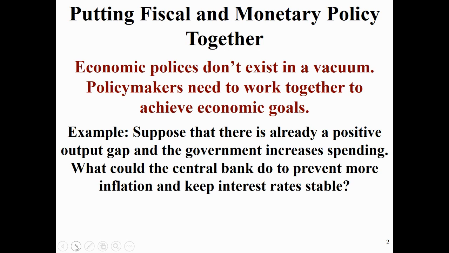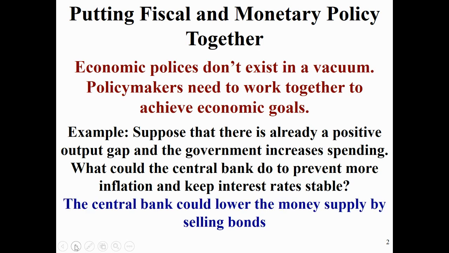Well, what would the central bank do to prevent more inflation or to keep interest rates stable? So, if we already have a positive gap because of things that are happening in the economy, how do we kind of slow those things down in a sense to make sure that things don't get too carried away? And so we're constantly doing this back and forth, back and forth.